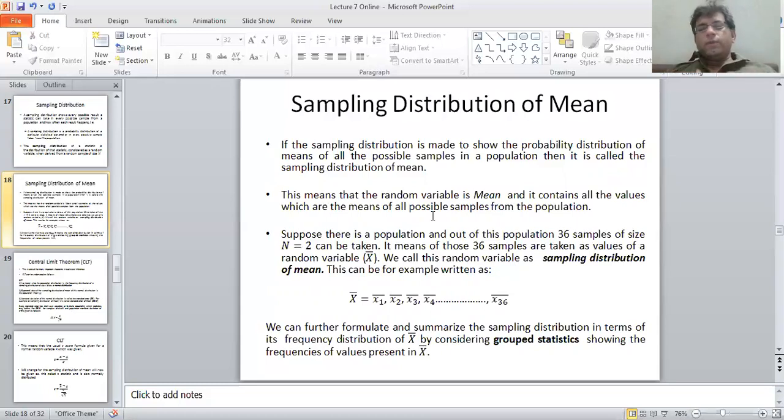It could be mean, variance, standard deviation, correlation, it could be anything. Then this means that I have basically got 36 values of that statistical parameter, right? If I make a set of those 36 values of the statistical parameter and I create a data set out of it, then that data set or the random variable is basically called the sampling distribution.